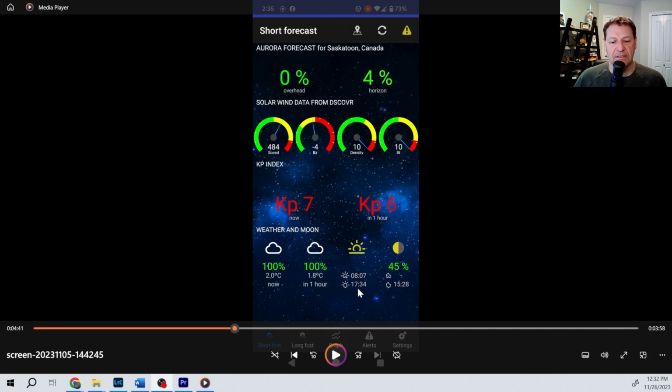It's got sunrise and sunset time. So sunrise at 8:07, set at 15:34, or 5:34. And then the moon phase, so it's 45% illuminated, so the moon is going to start getting annoying.